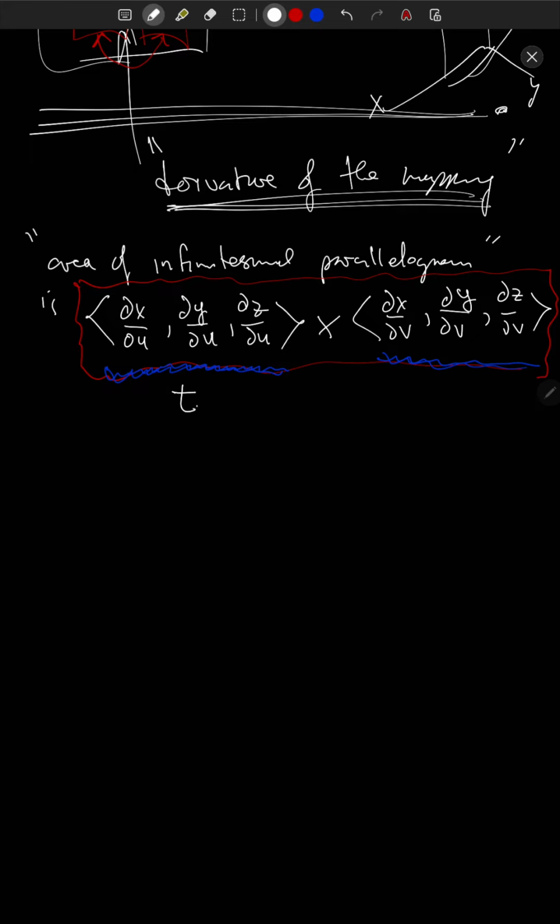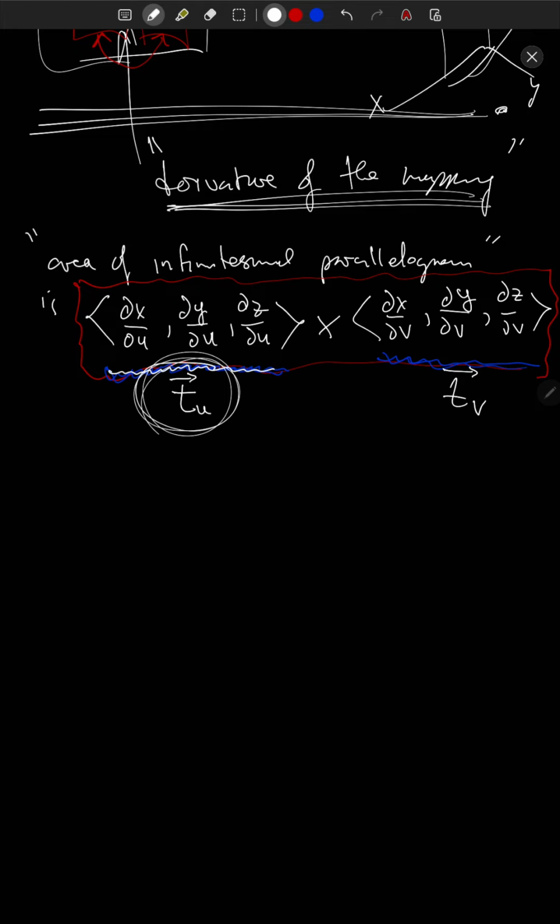Our book likes to use little t of u for this guy. I'm going to put an arrow because it's a vector. And this is naturally a vector, right? This is not a situation where I hate representing things as vectors that shouldn't be. These should be vectors because this represents a velocity vector. And this our book calls little t of v.